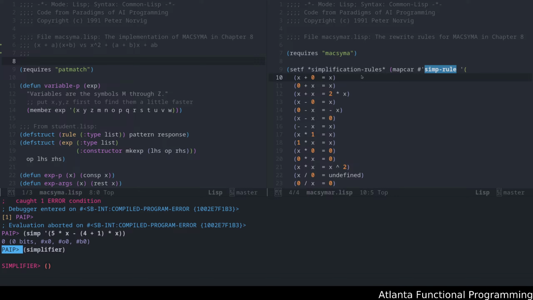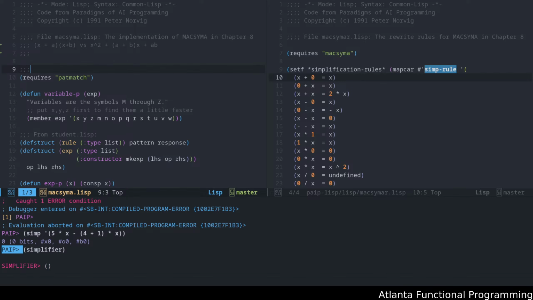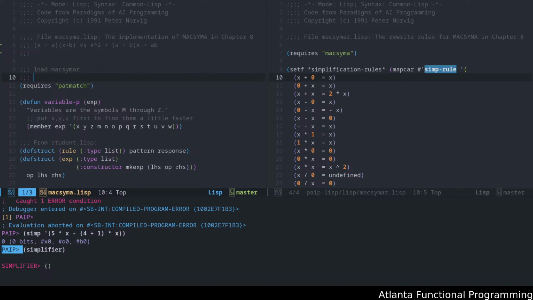so note to self and folks who are watching, in order to load this and study this in your free time, to play around with Dr. Norvig's stuff, load Macsyma R, not Macsyma, because Macsyma R will load up Macsyma in order for you to be able to run the simplifier.